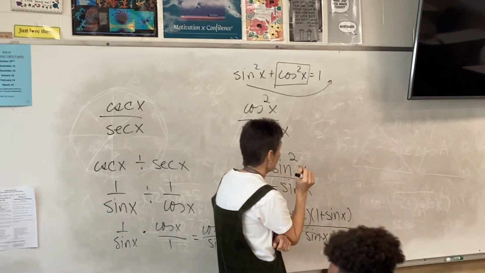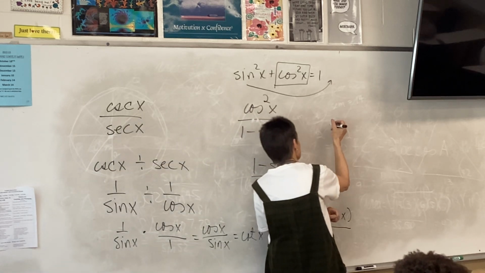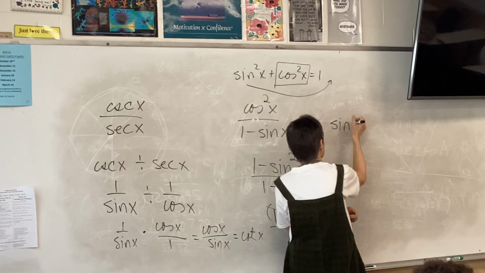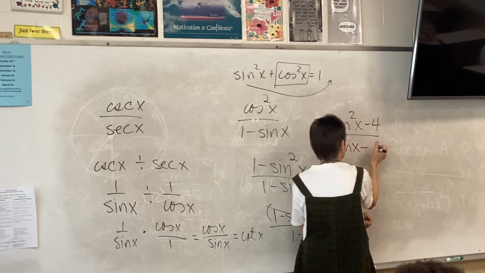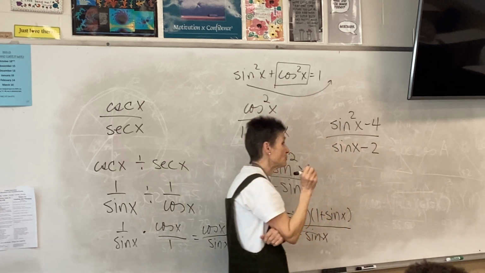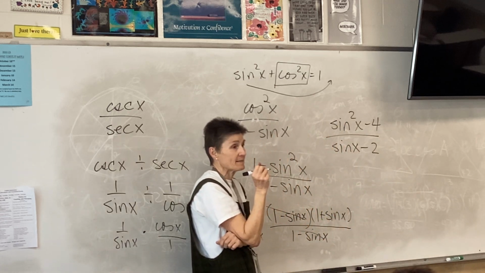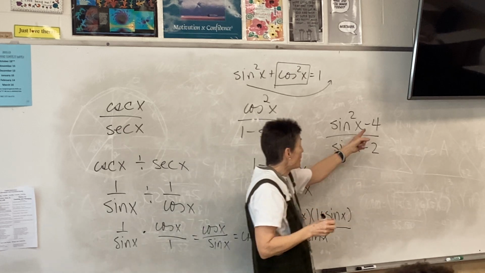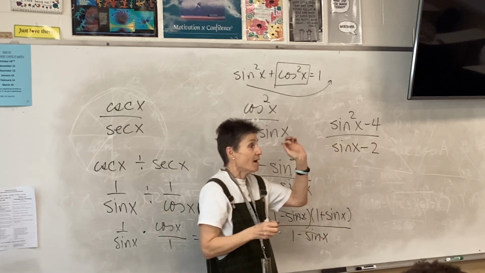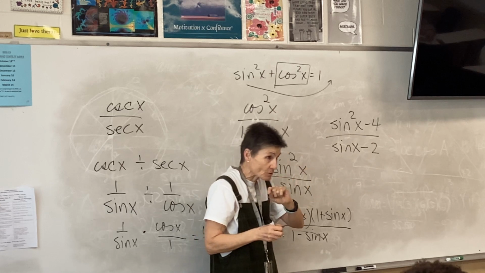I want you to be really careful, guys, because if you had something like this, please do not try to cancel anything at this point. You cannot cancel when you have pluses and minuses unless you factor first.